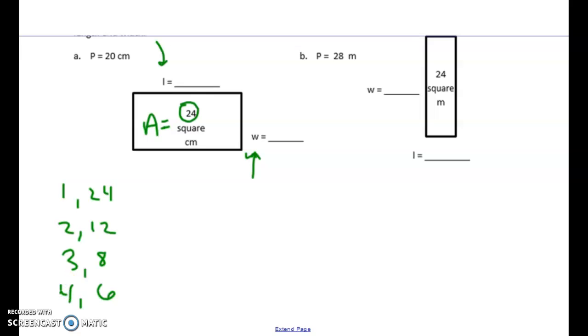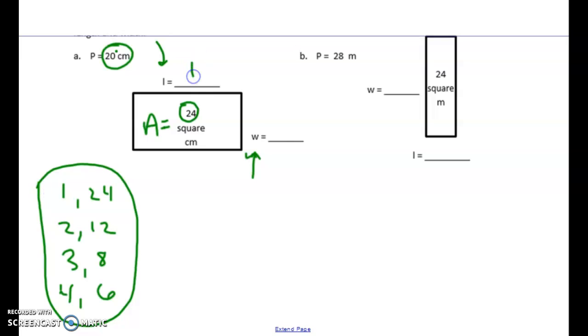And I believe that is going to be all of them. So now we need to start thinking about perimeter and how we can get a perimeter of 20 by having lengths and widths of these sizes. So 1 and 24 are not going to work for length and width because that's already over 20 centimeters. So those aren't going to work.